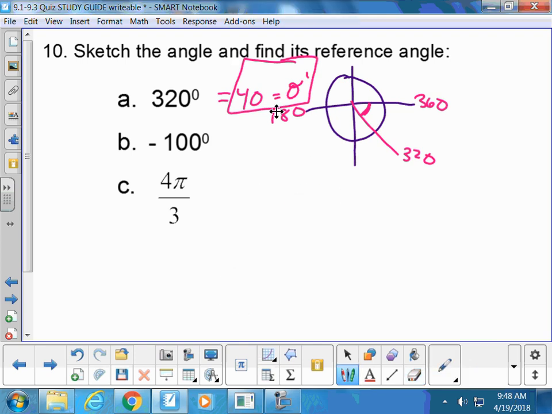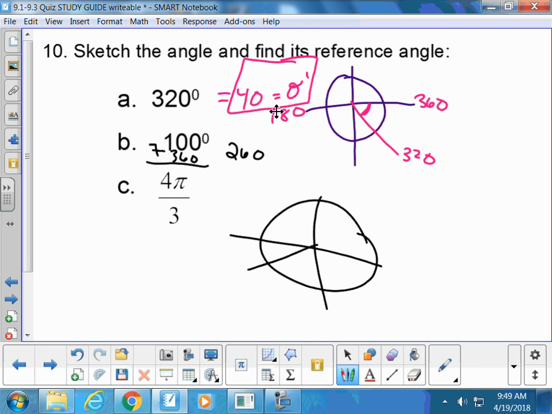That's going to be your easiest way to do this. So 100 plus 360 is what? 260. 260 is living exactly where we just were. But we can figure out how far 260 is from 180. 80 degrees. So my theta prime on part B is 80 degrees.